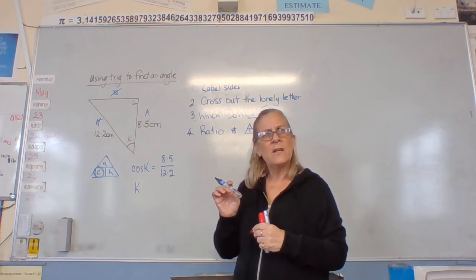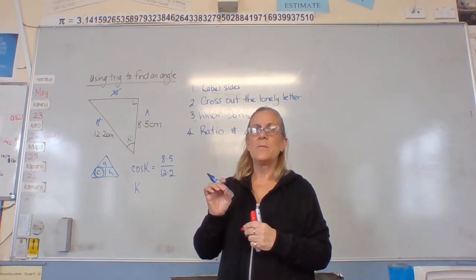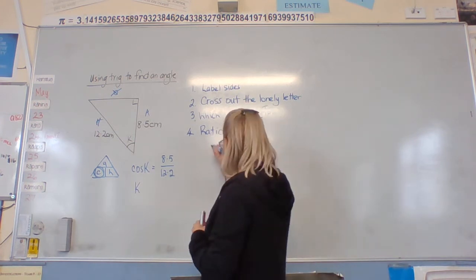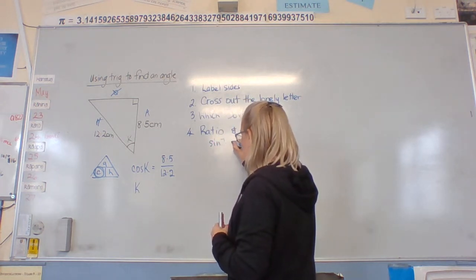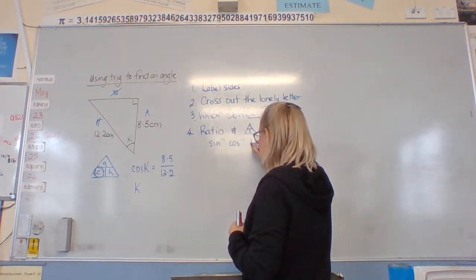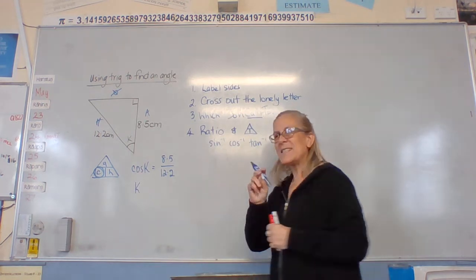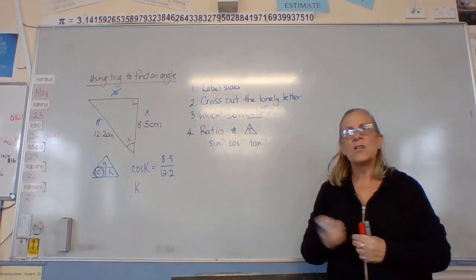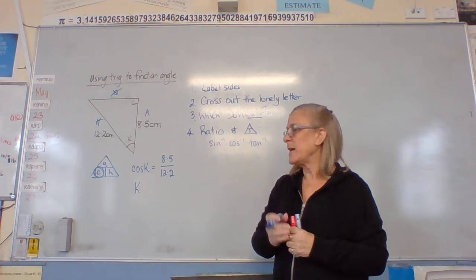Sine minus 1, cos minus 1, tan minus 1. All right? Sine minus 1, cos minus 1, tan minus 1. That's the different bit. So this is going to give us an angle.